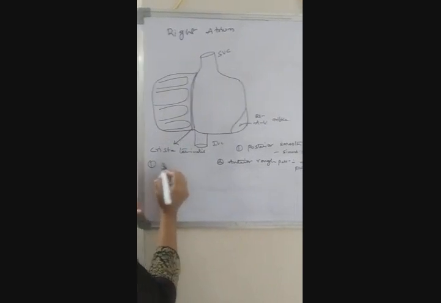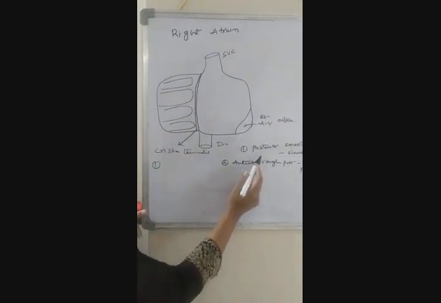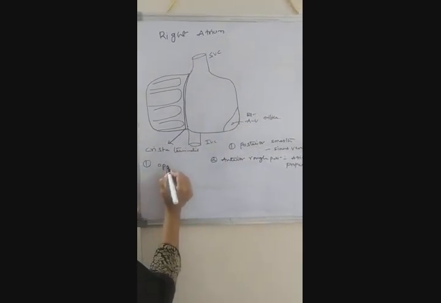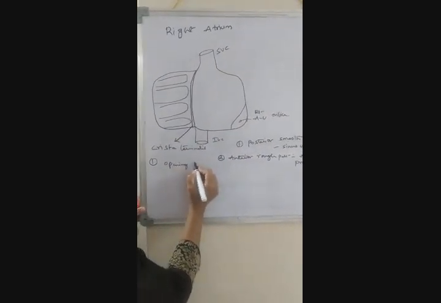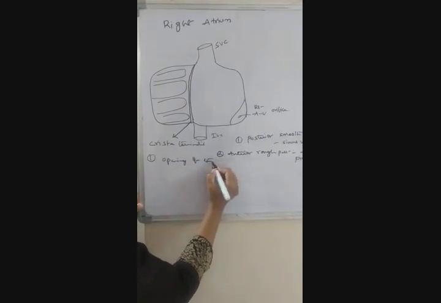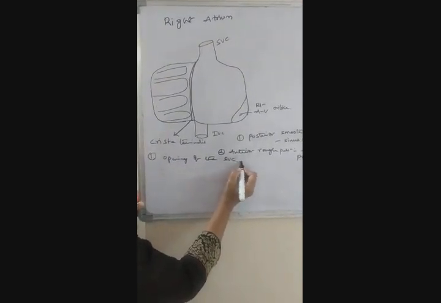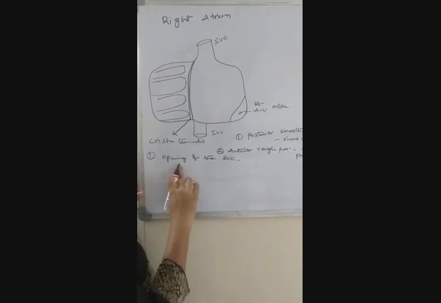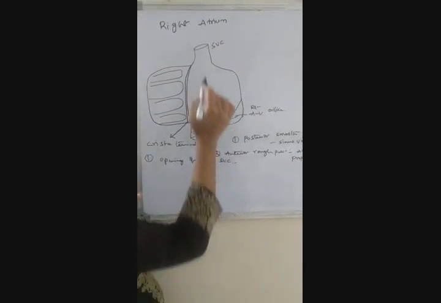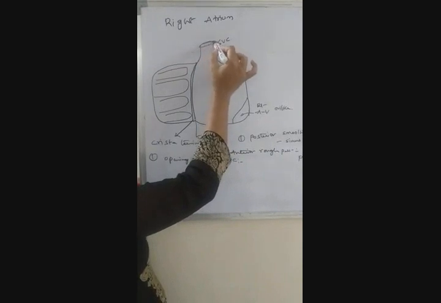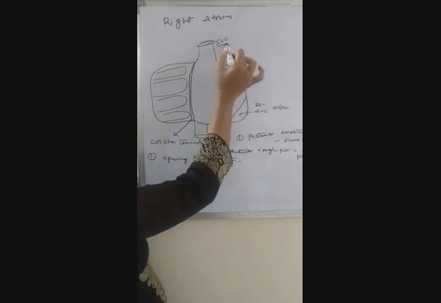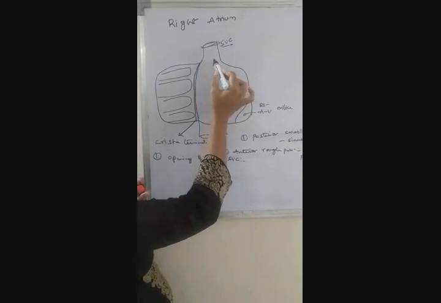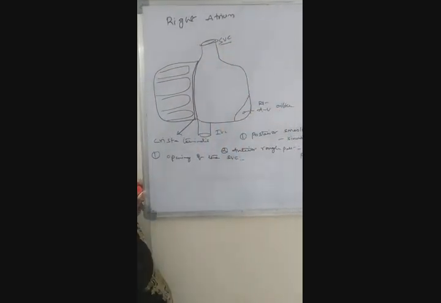So the characteristic features of this posterior smooth part, the sinus venarum, are the opening of the superior vena cava. Okay, the first one is the posterior opening of the superior vena cava. The orifice of the superior vena cava opens in the upper and posterior part of this right atrium.